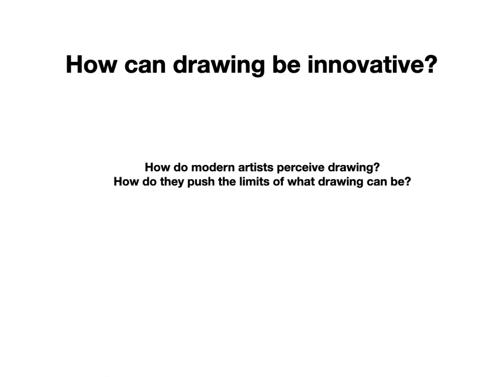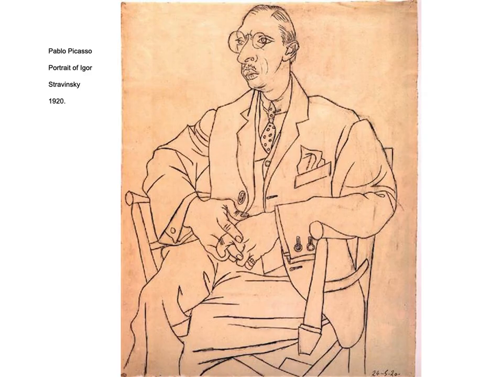But in modern times, drawing has become something a little different. So, how do modern artists perceive drawing, and how do they push the limits of what drawing can be?